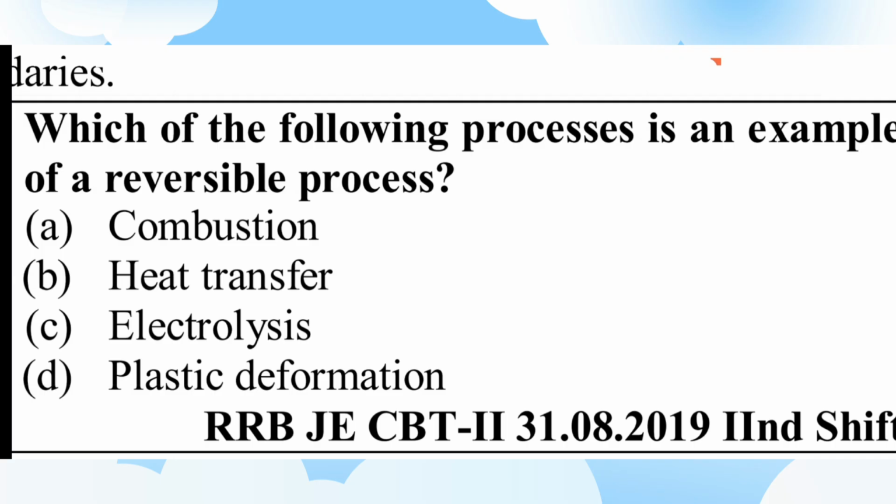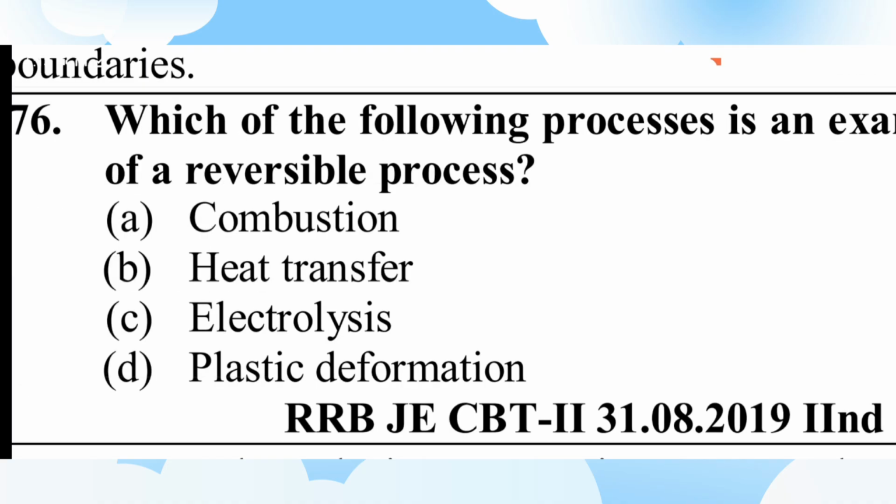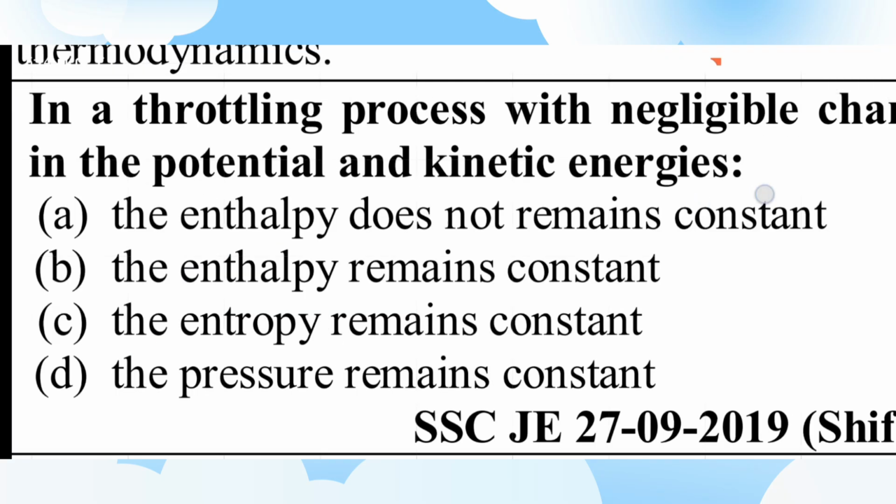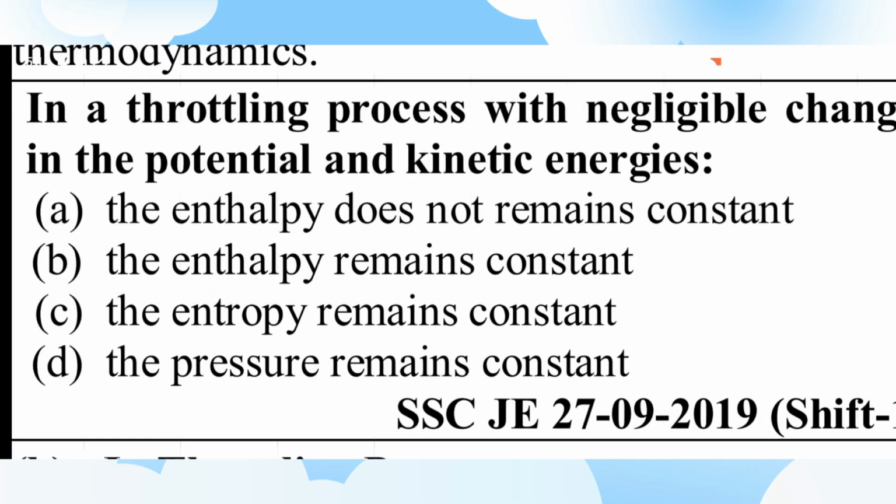A combustion, B heat transfer, C electrolysis, or D plastic deformation. C is the answer, electrolysis. Next question, friends: in a throttling process with negligible change in potential and kinetic energies, the enthalpy does not remain constant, the enthalpy remains constant, entropy remains constant, pressure remains constant. B is the answer, the enthalpy remains constant.